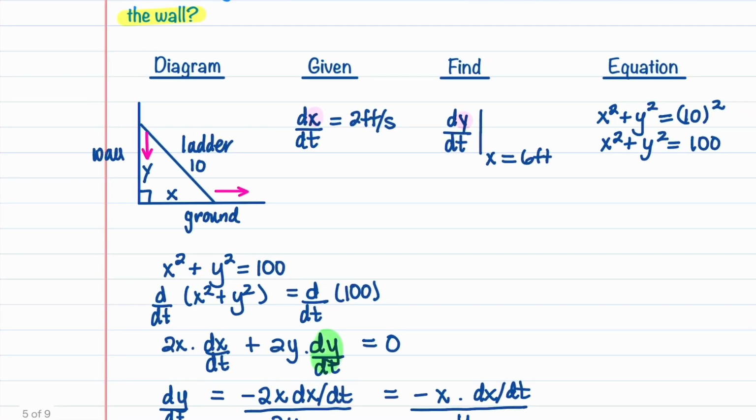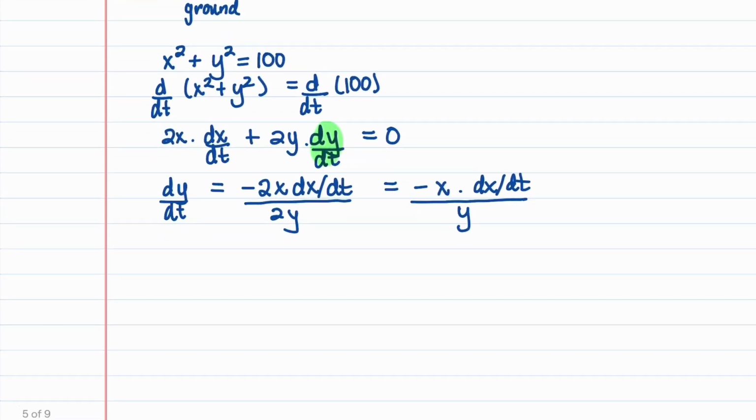We want to find dy/dt when x is equal to 6 feet. So let's go ahead and put this down. We want dy/dt when x is 6 feet. Now let's look over here at our equation.